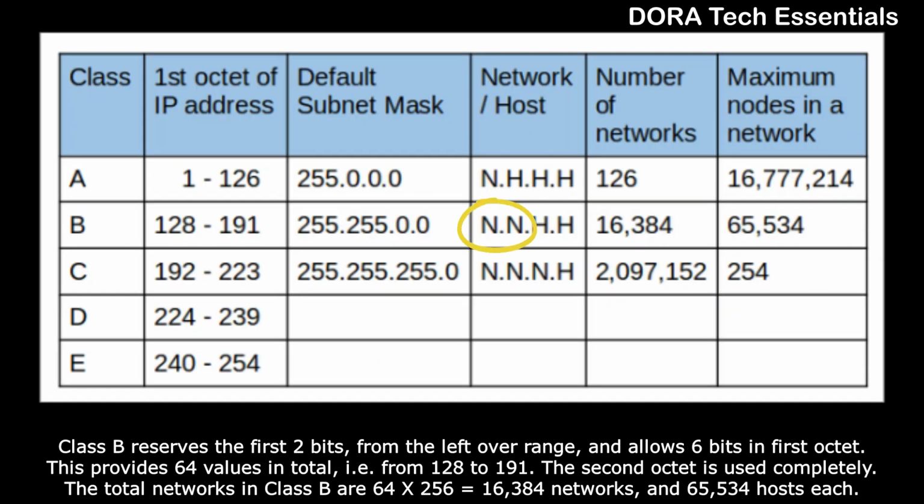The second octet is used completely. The total networks in Class B are 64 multiplied by 256 equals 16,384 networks, and 65,534 hosts each.